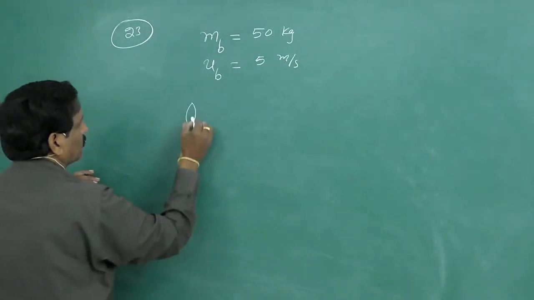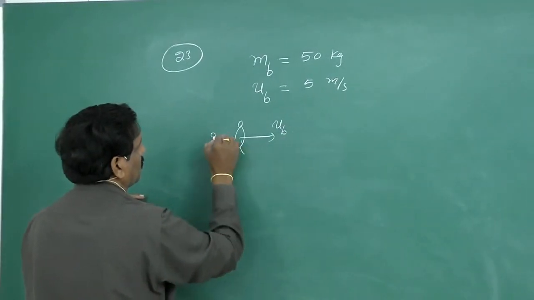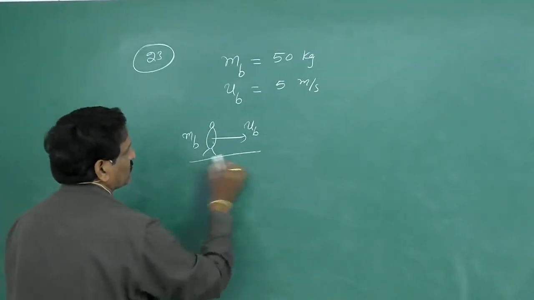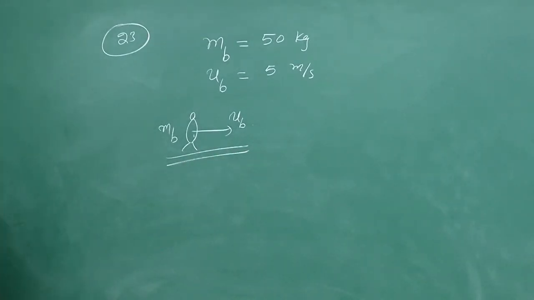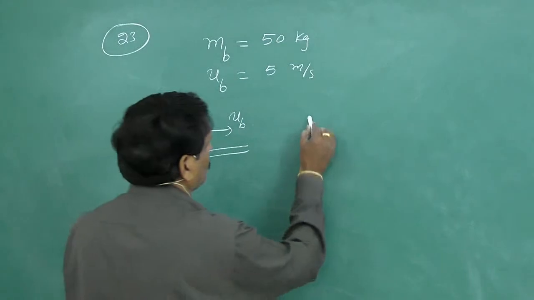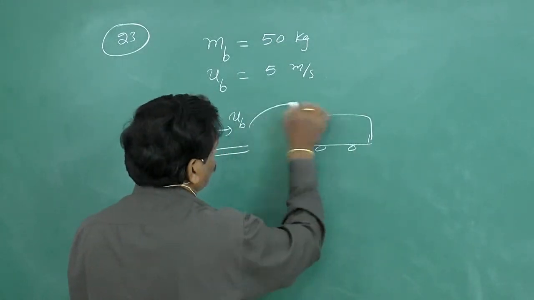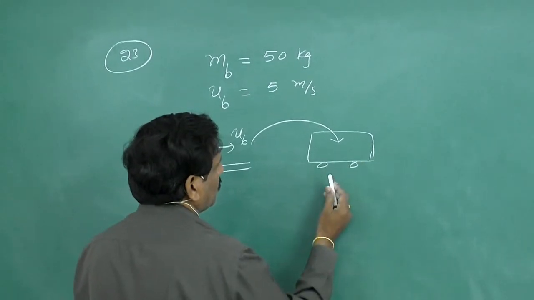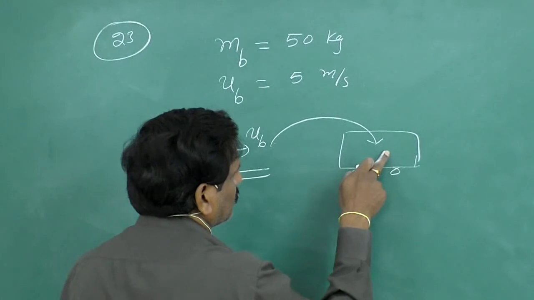So, this boy running with velocity UB, with mass of the boy, has momentum. When this person jumps onto the trolley, this momentum is transferred to the trolley.